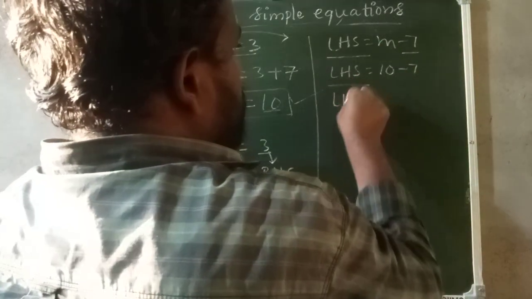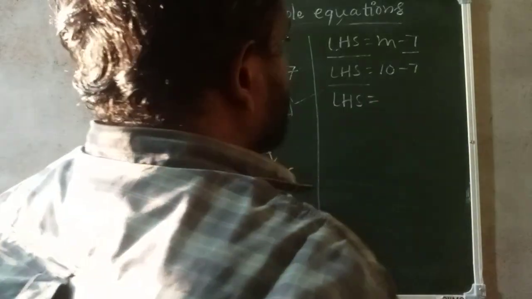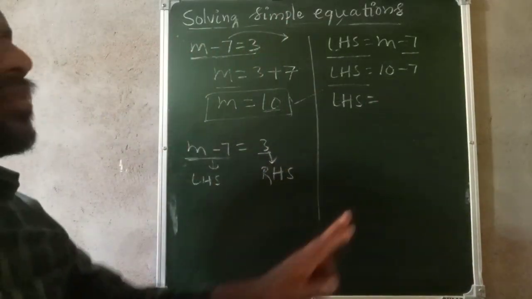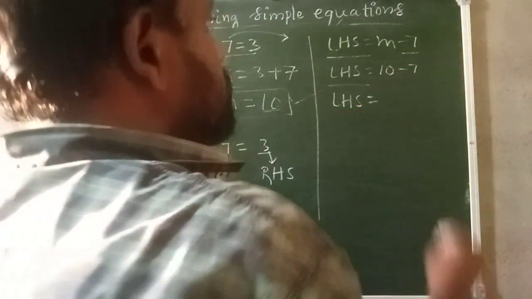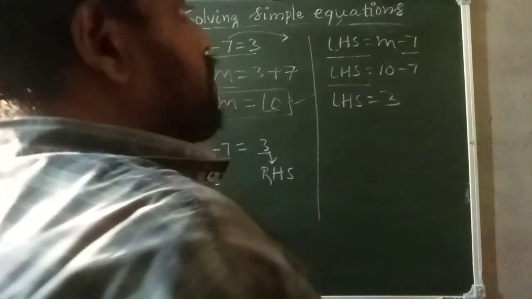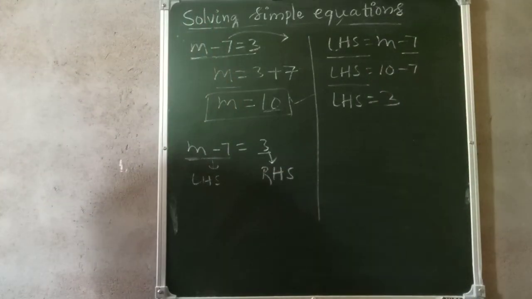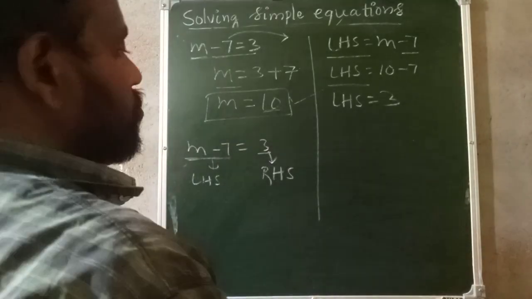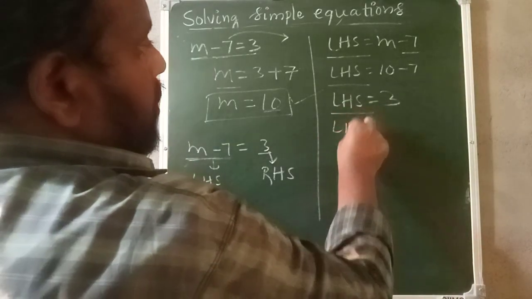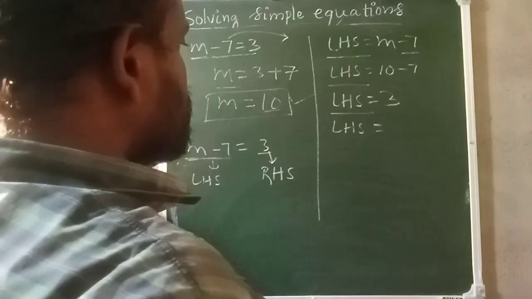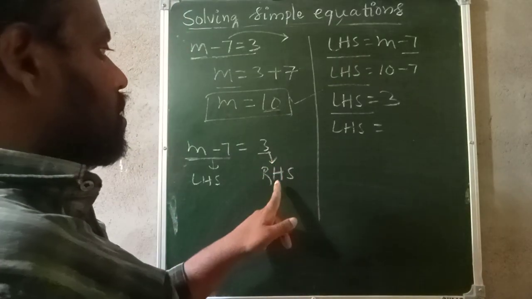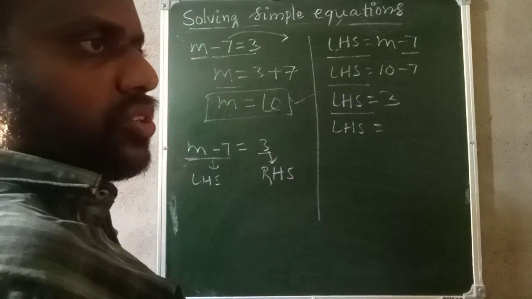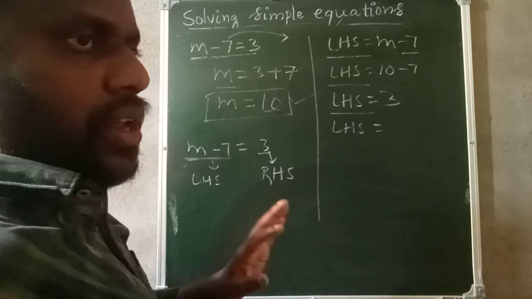Next step, LHS is equal to 10 minus 7, which is 3. Next step, write LHS is equal to, as already said, 3 is on the right hand side.